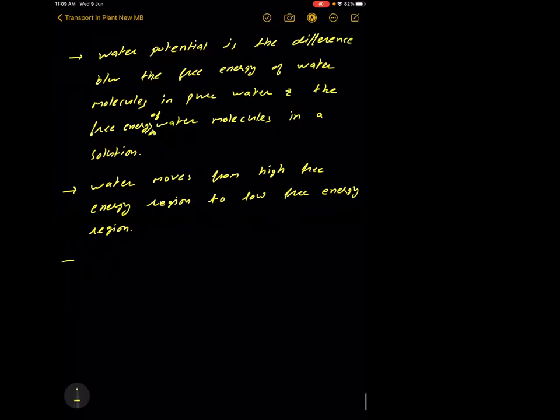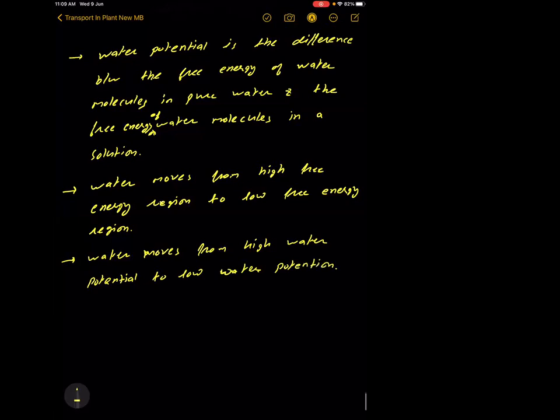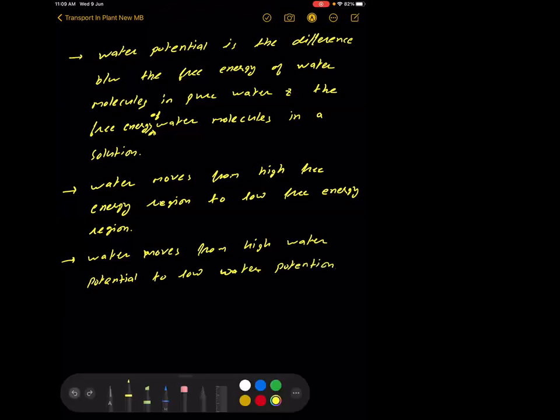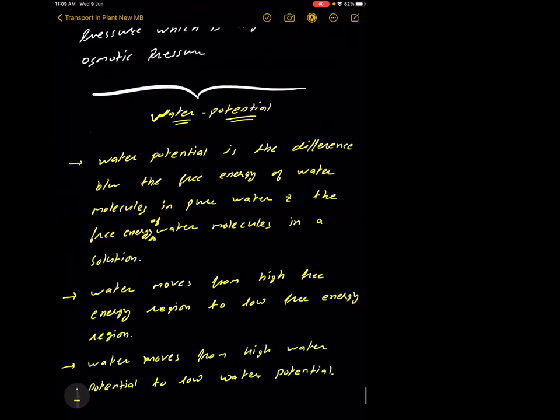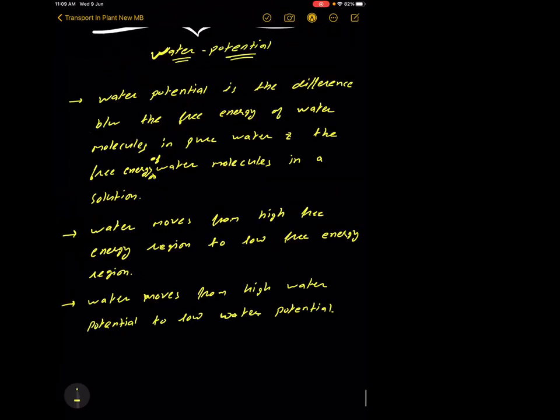In other words, you can say water moves from high water potential to low water potential. This is water potential.